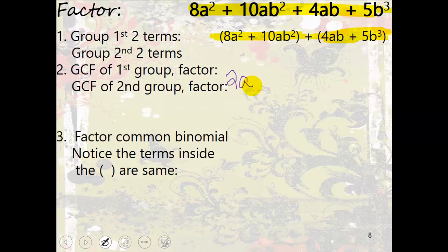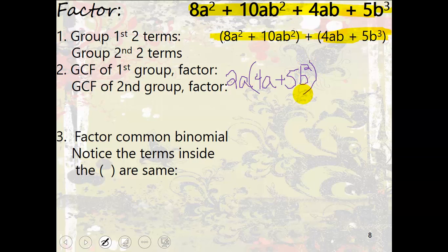When I divide 8 by 2, I get 4. A squared divided by a, I get a. Plus 10 divided by 2 is 5. A divided by a is 1, and then b squared.